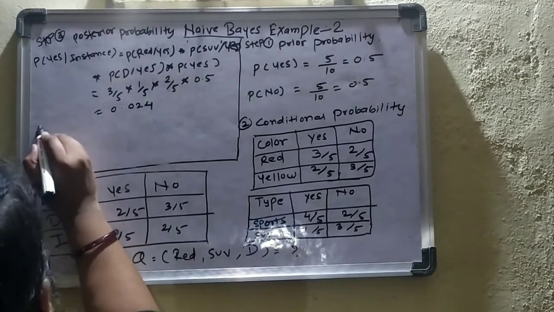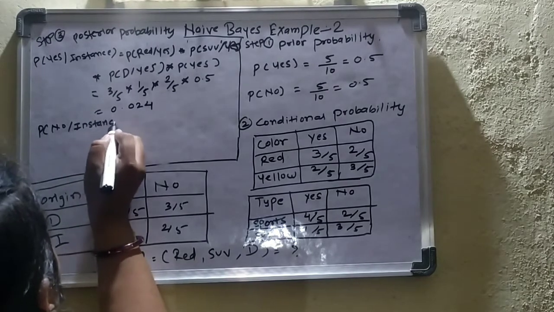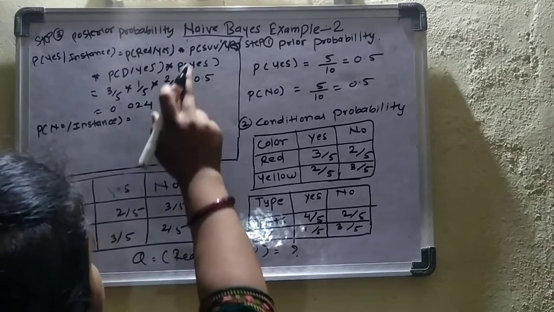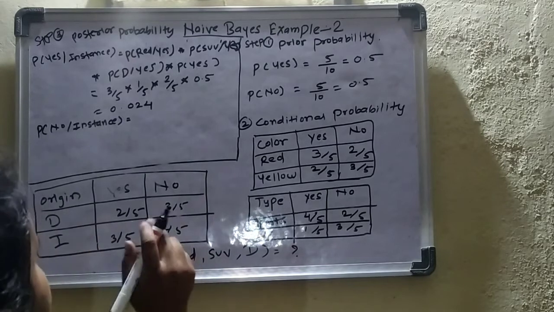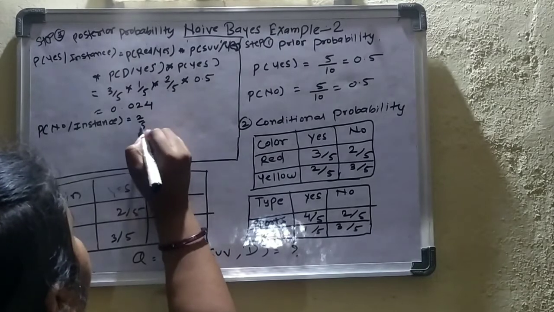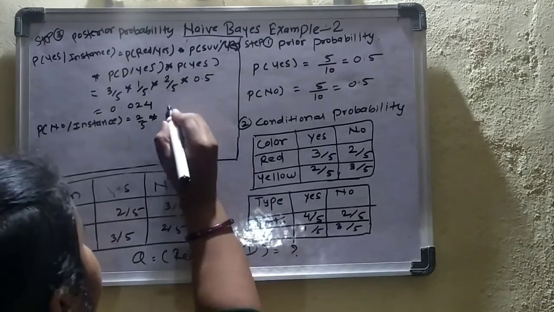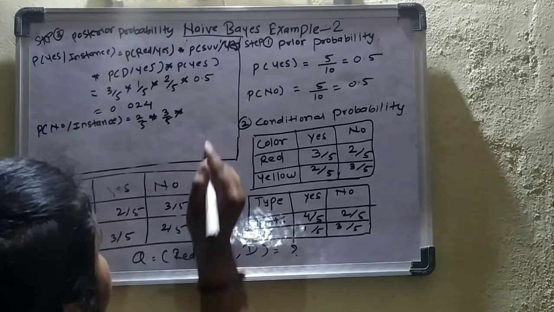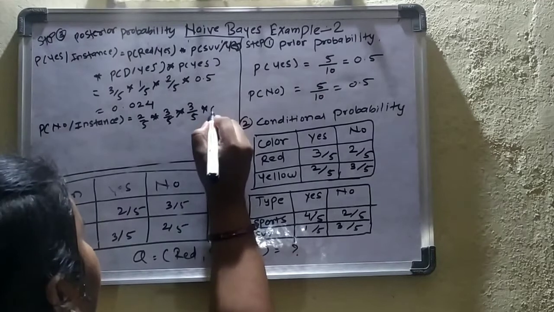Similarly we have to calculate the value of probability of no for the given instance. It will be the same: probability of red given no, into probability of SUV given no, into probability of domestic given no. So we know probability of red given no is 2/5, into probability of SUV given no is 3/5, into probability of domestic given no is again 3/5, and into probability of no is 0.5.